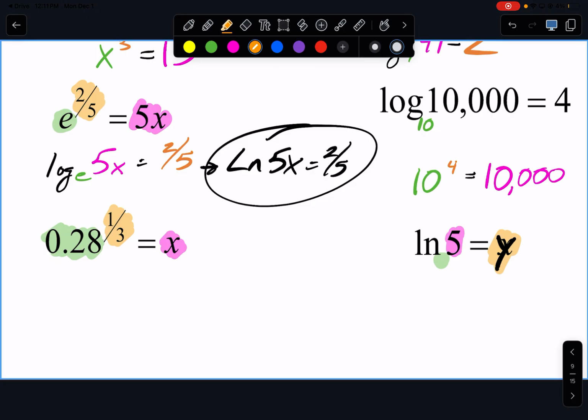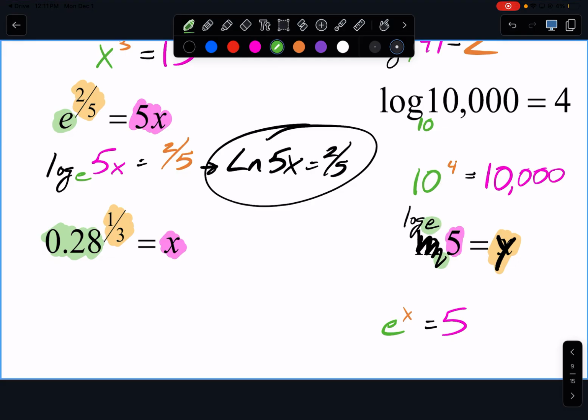One tip that I would give you on the second one is when we're trying to convert it back to exponential form, when you see the ln, I would cross that out and write log e. Because now I know that my base is going to be what? E. Right? So I'm kind of starting on the right, but it's going to be e to the x or y, depending on what letter you used, equals 5.